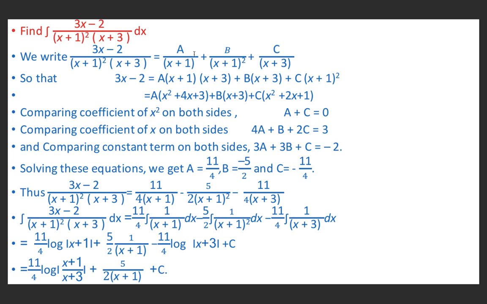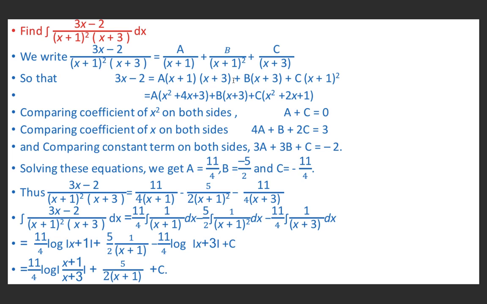So in the first term, in the denominator we have x plus 1 and the LCM is (x plus 1) whole square into (x plus 3), so it will be (x plus 1) into (x plus 3) plus b into, here we have (x plus 1) whole square and the denominator is (x plus 1) whole square (x plus 3), so it is b into (x plus 3) plus c into (x plus 1) whole square, because the LCM is (x plus 1) whole square into (x plus 3) and here we have x plus 3, so it is (x plus 1) whole square.